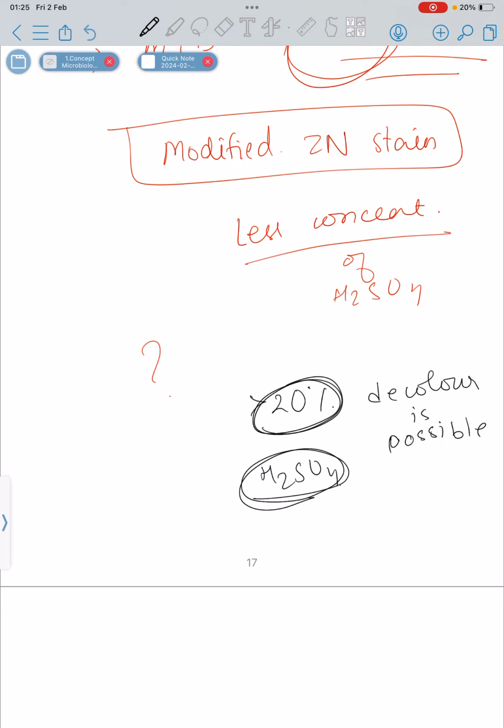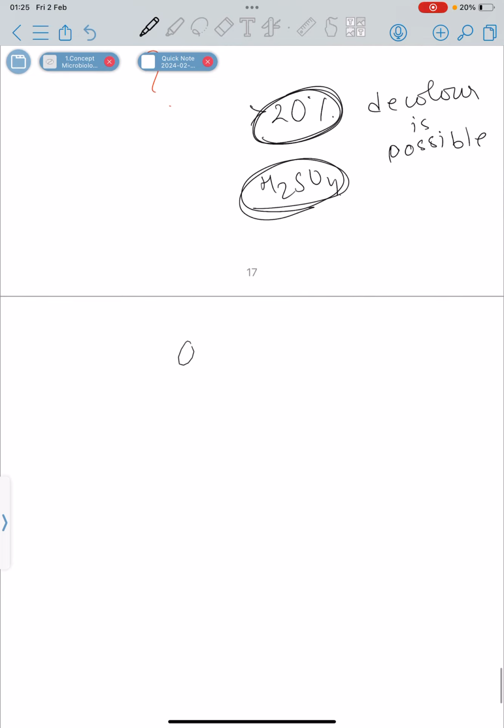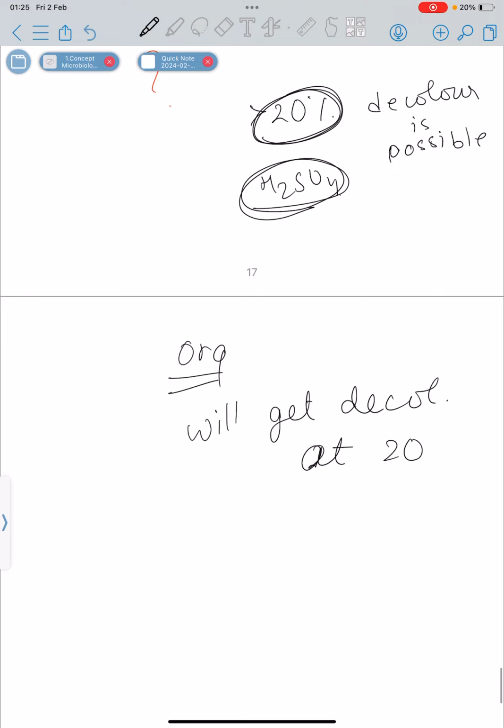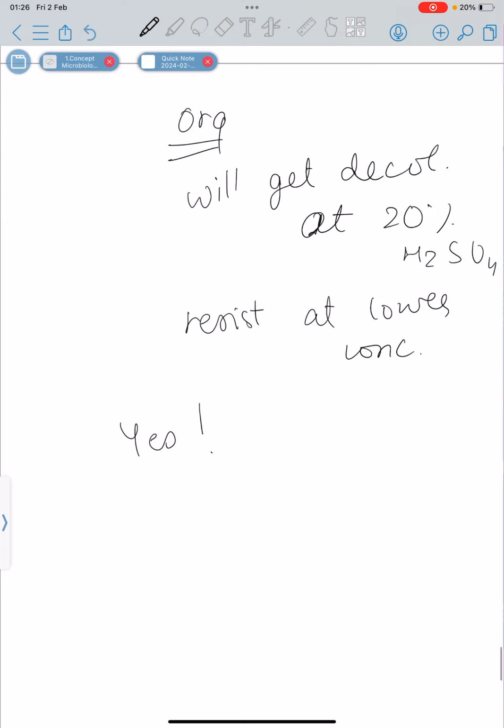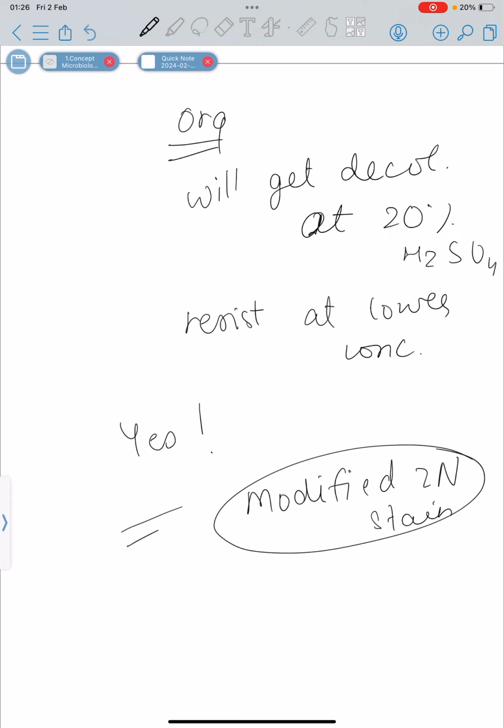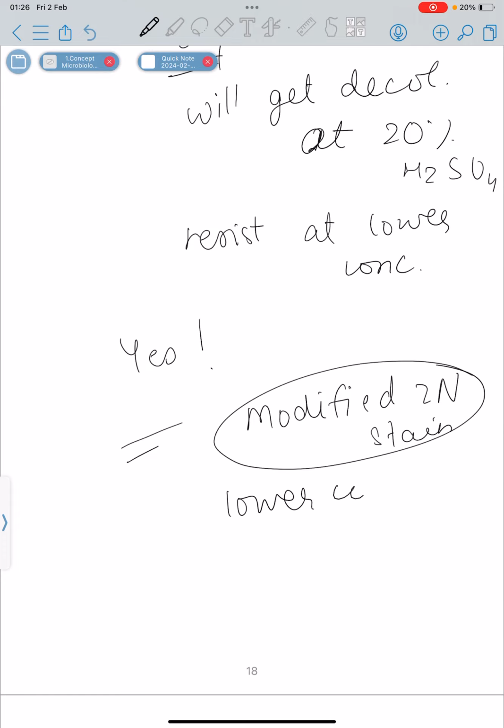Similarly, there can be organisms which will get decolorized at 20% H2SO4 but might resist at lower concentration. Is it possible? Yes, it is possible. So these organisms take up modified ZN stains, that is ZN stain having lower concentration.